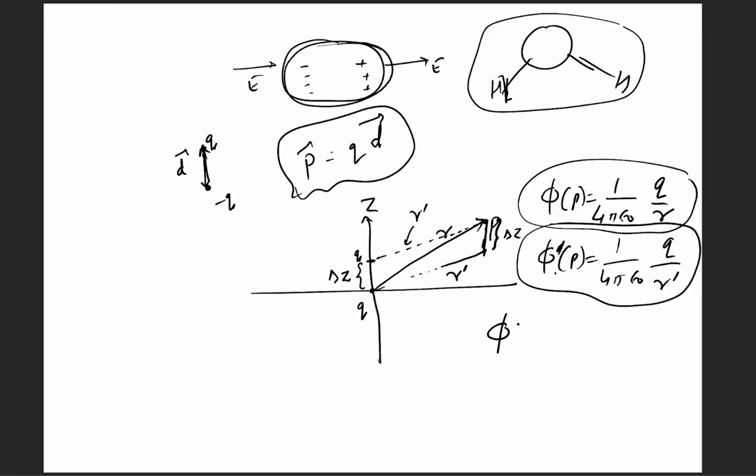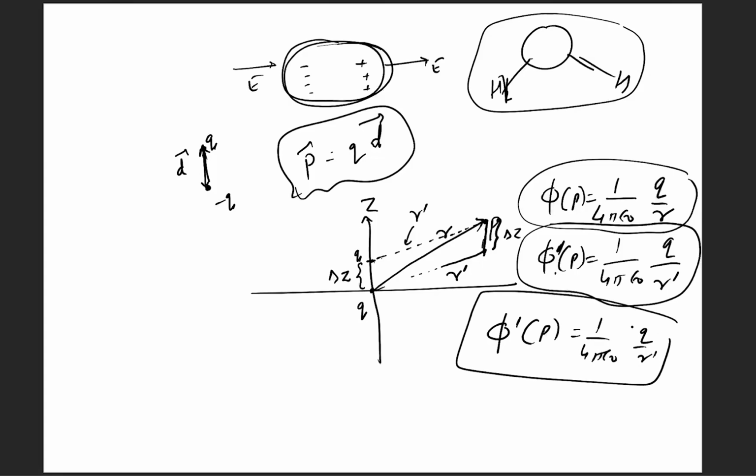So at this point P dash, the potential will be again 1 by 4 pi epsilon naught, q by r dash. So you see that the effect of moving a charge by delta z along the z-axis is the same as if we have moved the observing point by minus delta z, meaning in the opposite direction of positive z. So this is the same effect.